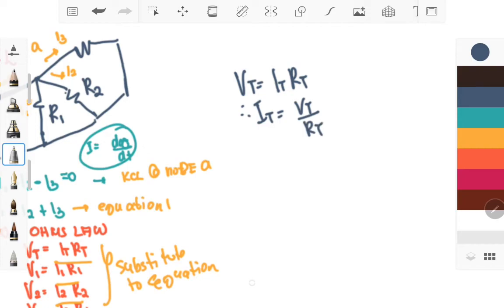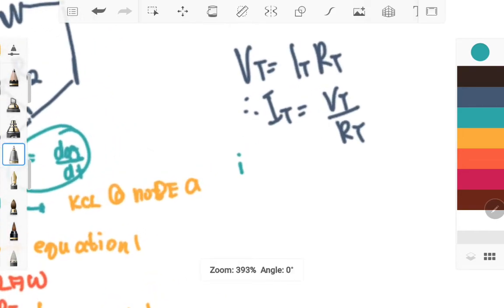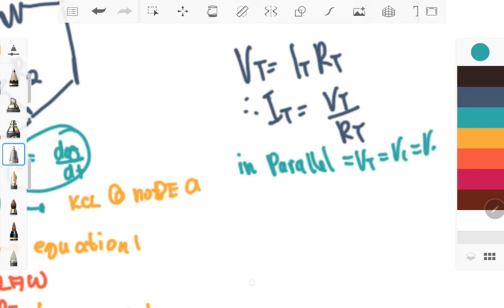Right? But the principle that I have been telling you, in parallel, we have V total is equal to V1, which is equal to V2.